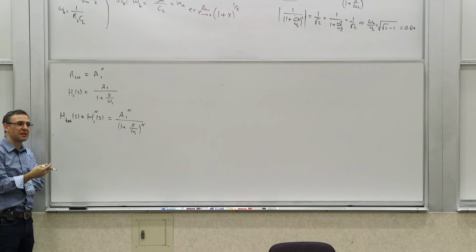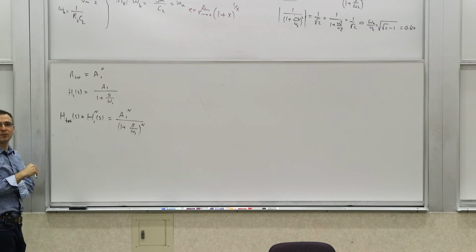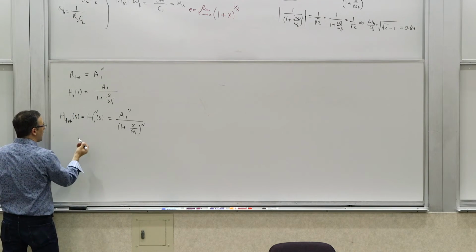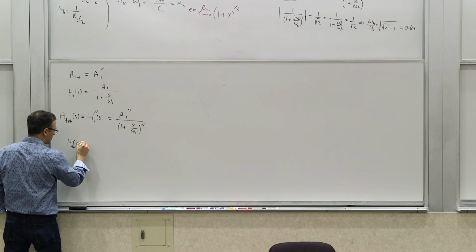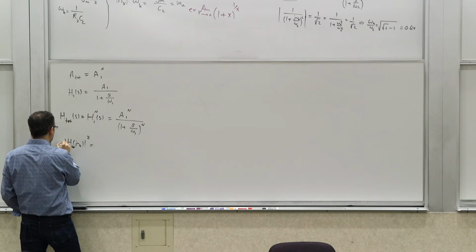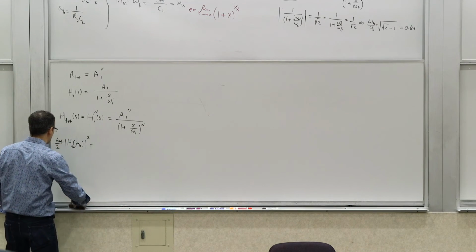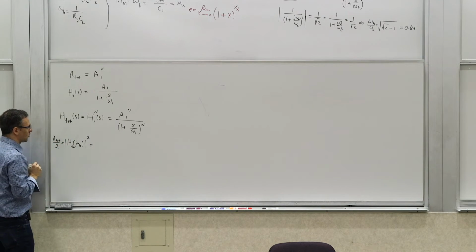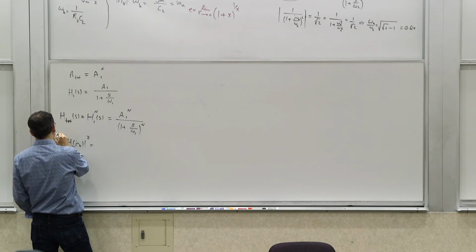Now, what we are really interested in is the 3 dB bandwidth, which is the frequency at which the magnitude of this, with s being j omega, drops to 1 over square root of 2, or the denominator becomes square root of 2. So we are looking at the magnitude of H_total of j omega_H. You can do magnitude squared, at the frequency at which this drops by a factor of 1/2, so A_total squared over half.